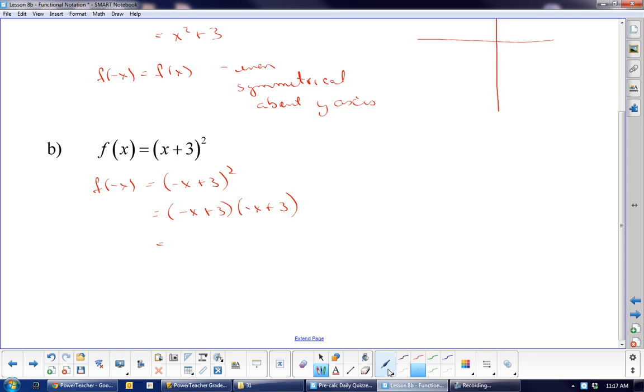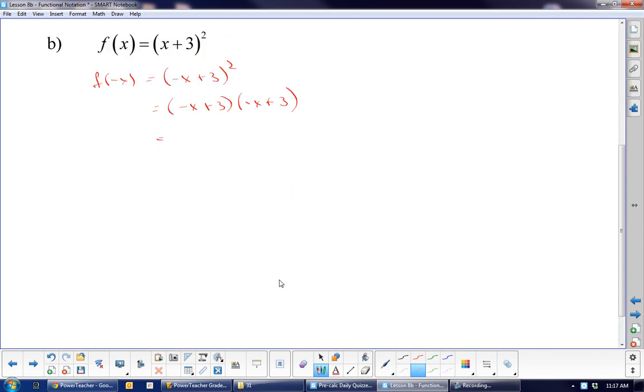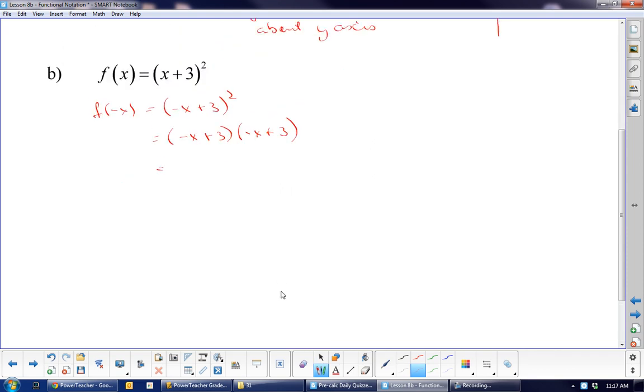So the way you want to do this one to see if it's even or odd is to take a negative out of the first set of brackets, and that would be x minus 3. Then let's take a negative 1 out of the next set, that would be x minus 3.